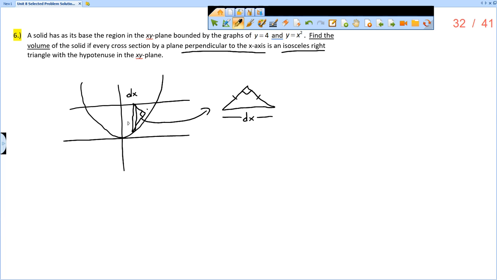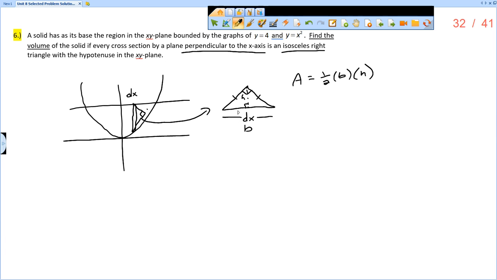Now, how do I find the area of this triangle? The area would be 1/2 base times height. The height of the dx here is the base, and then the height would be here, because these are perpendicular.